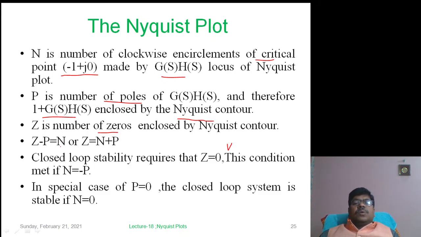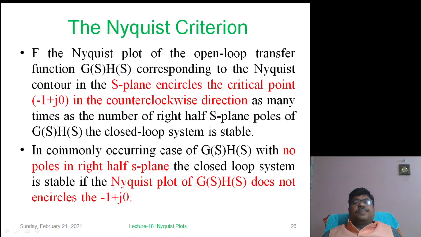So for a closed loop system that requires Z to be 0, there should not be any encirclement of 0, because that is the roots of the characteristic equation. This condition is met if N equal to minus P. In the special case, P may be 0 and the closed loop system is stable even if N equal to 0.